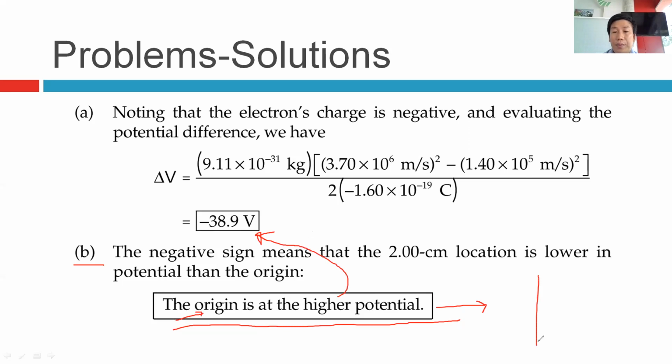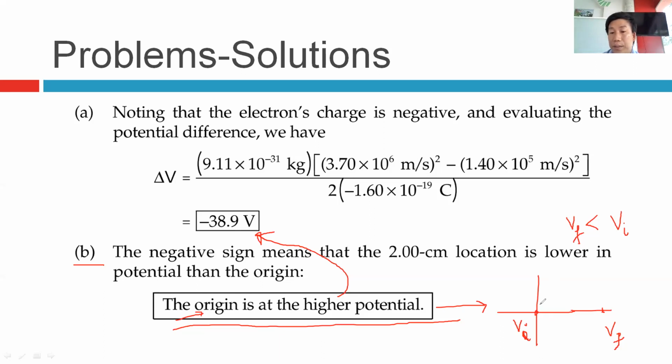And when you know the potentials, V initial at the origin and V final, you have V final smaller than V initial. So you will know the direction of the electric field.